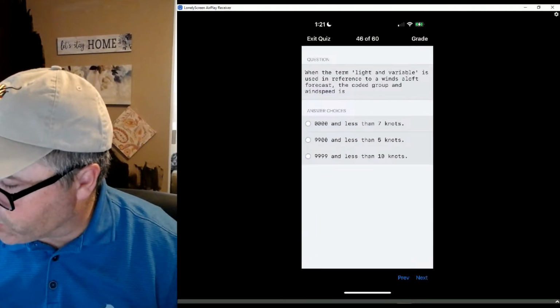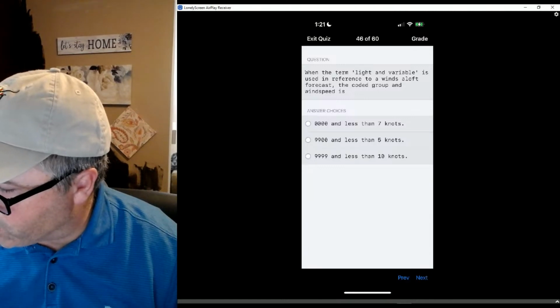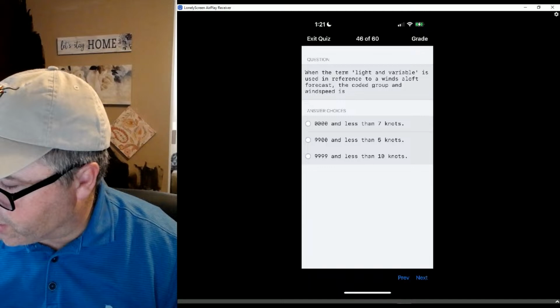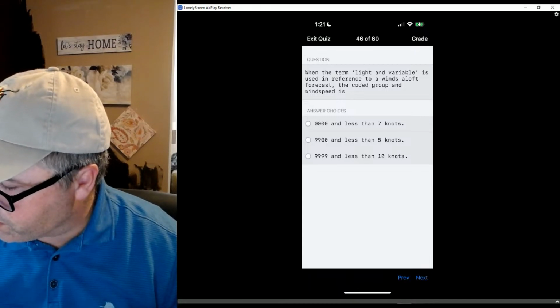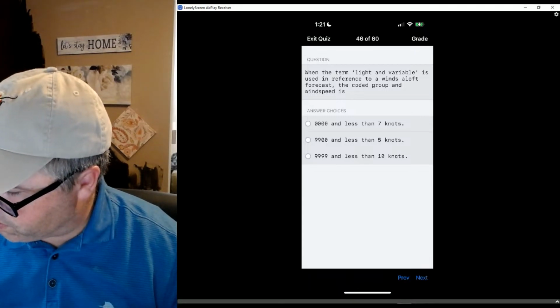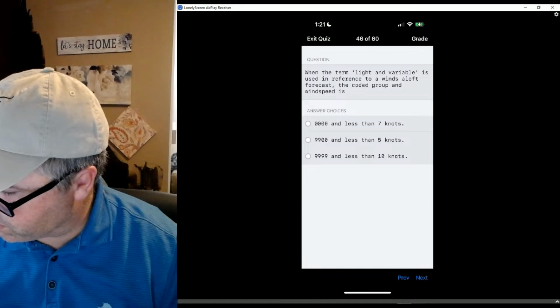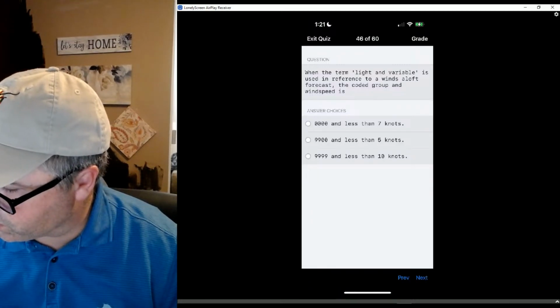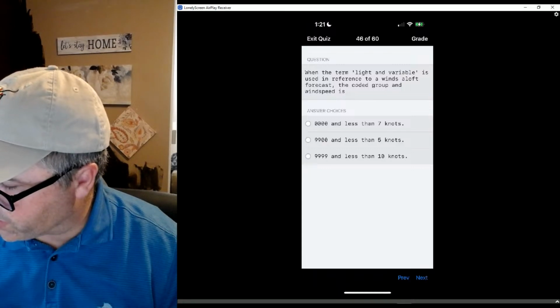When the term light and variable is used in reference to winds aloft forecast, the coded group and wind speed is 9900.